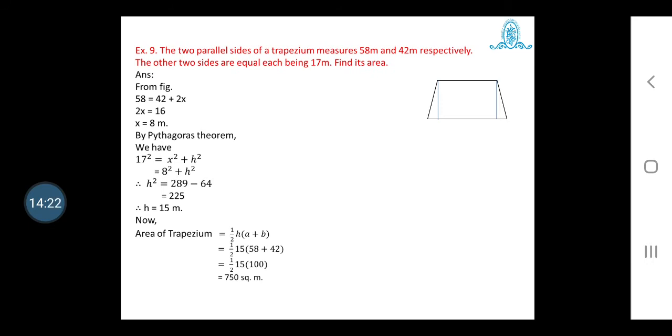So therefore h square is equal to 17 square, which is 289, minus 8 square, which is 64, equal to 225. So therefore the value of h is equal to 15 meter. And now area of trapezium is half h into a plus b. So 58 plus 42 is 100, multiplied by h which is 15, divided by 2. 100 upon 2 is 50, into 15 is 750 square meter. That is the area of the trapezium. Okay, thank you.